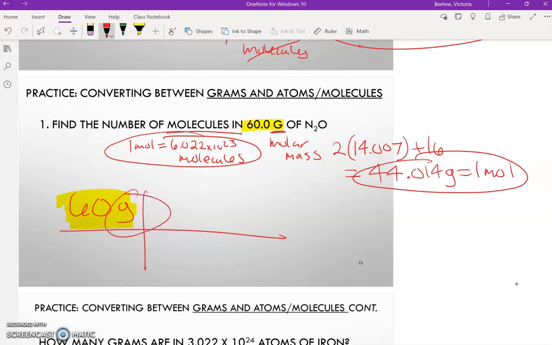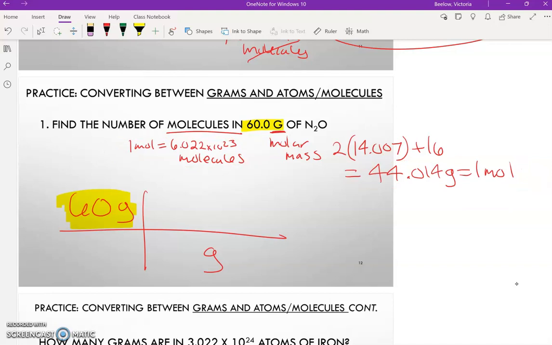If you have grams here in the top, grams is going to go in the bottom. According to this, we have 44.014 grams. That's where I'm getting that number from. And then the thing that goes above it is whatever it's equal to, which in this case is 1 mole. So all I've done so far is convert grams into moles.